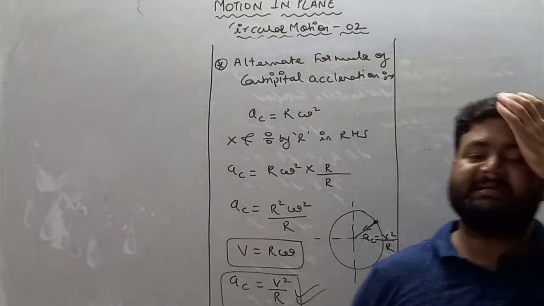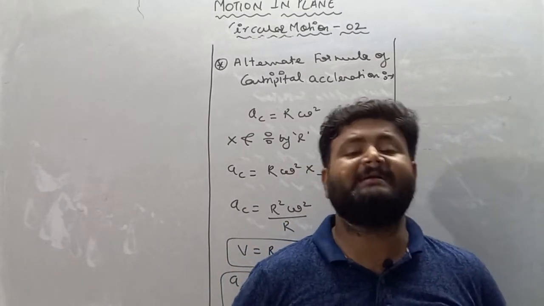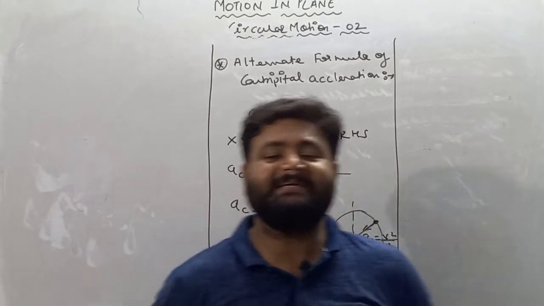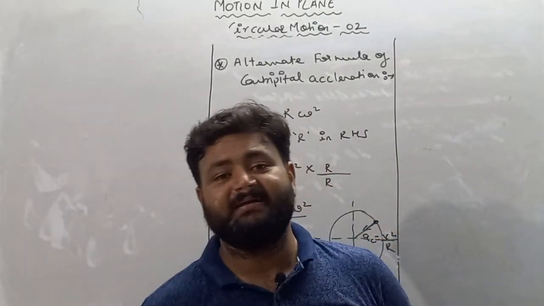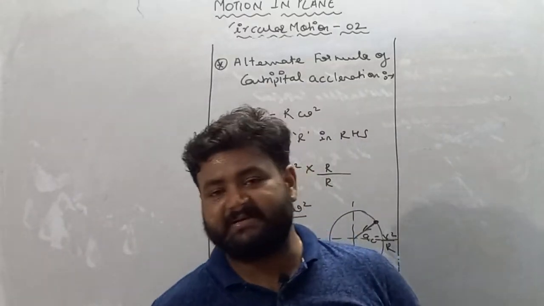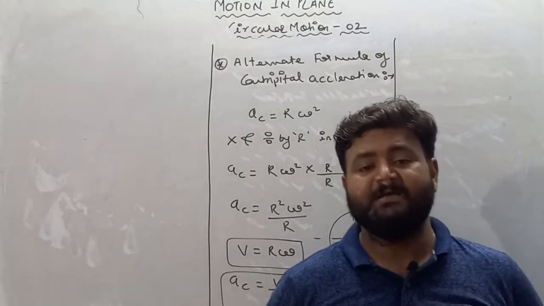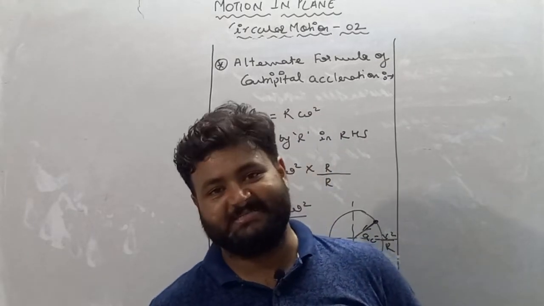If the particle is in circular motion, then the particle achieves two different accelerations. One is towards center, called centripetal acceleration, and second is towards tangent, called tangential acceleration.